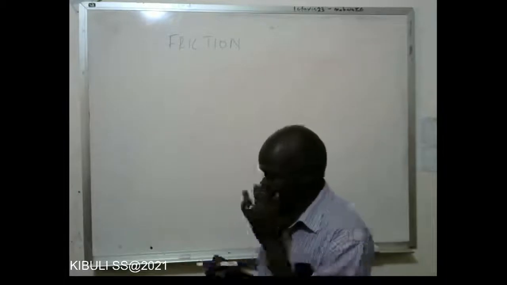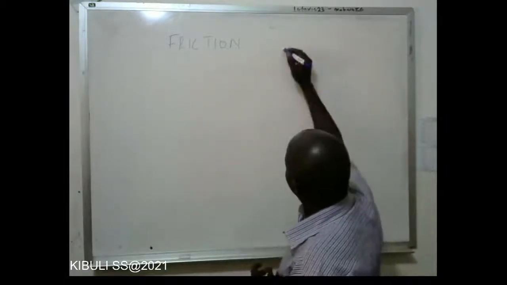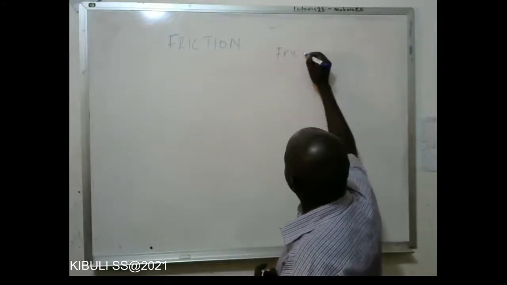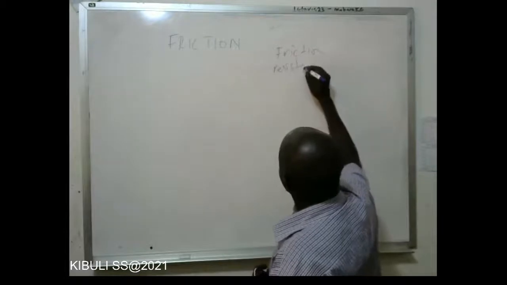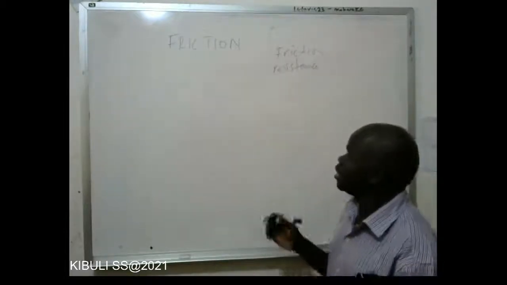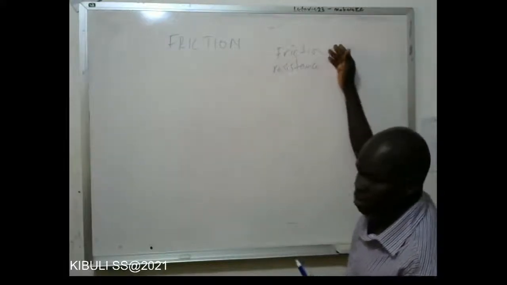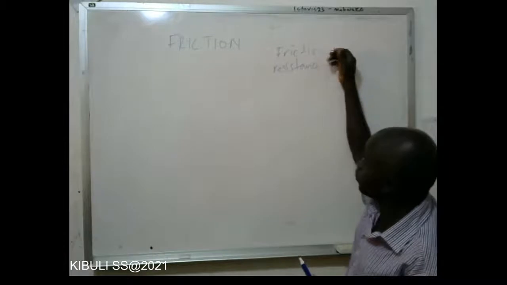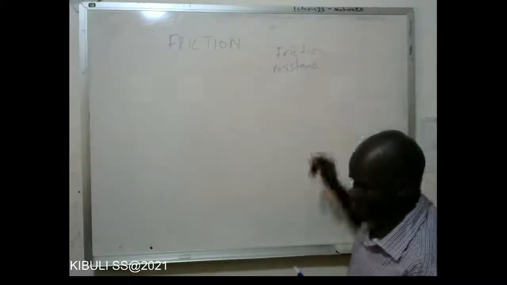We have two opposing forces: we have friction and we have resistance. So when we are representing them using a diagram, we must clearly distinguish the two. Friction must be clearly made different from the resistance.